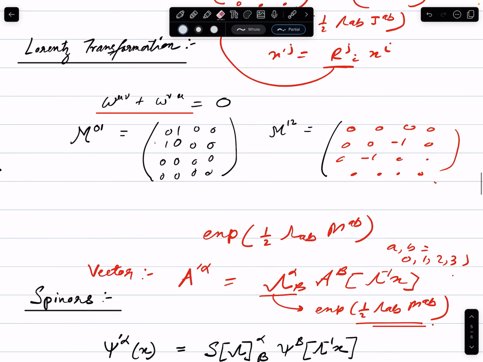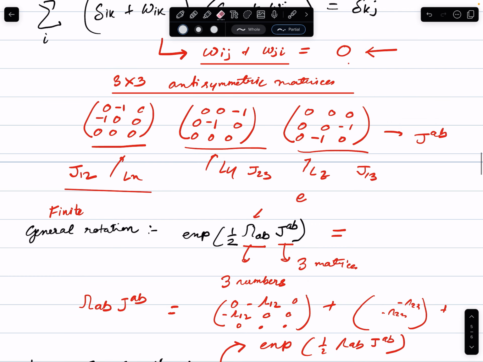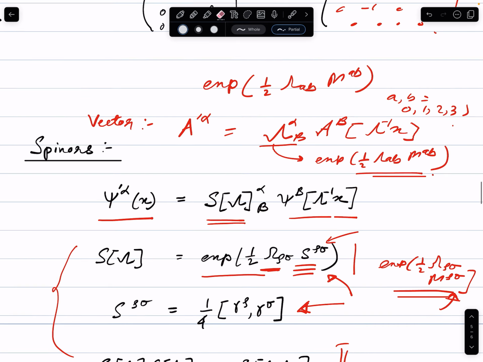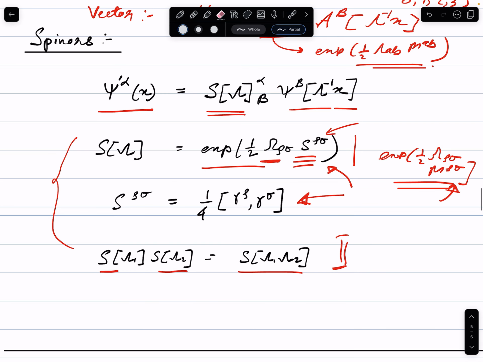No. So again, just like this, I showed you these guys. We summed over; these were matrices. So similarly here, these S's themselves are matrices. So each gamma is a matrix, and S_rho lambda is itself a matrix. This is not a number; it's a matrix. These are numbers, and they are telling you which Lorentz transformation you are considering.